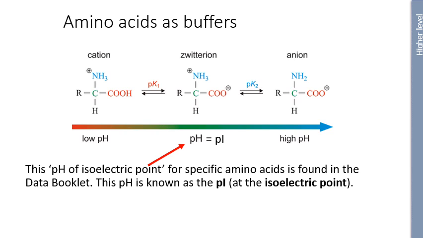In summary, in strong acidic solutions, amino acids and proteins are protonated and can exist as cations. And in strongly alkaline solutions, deprotonation occurs and anions are formed, as you can see from the diagram on the slide.